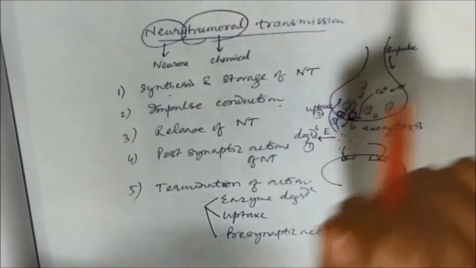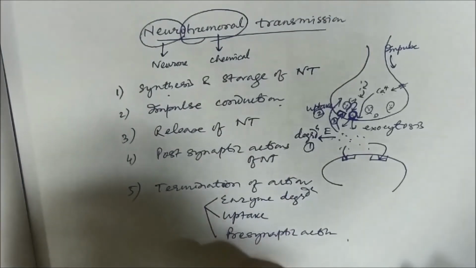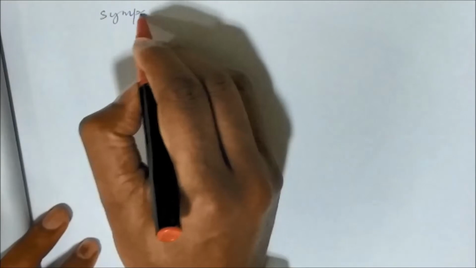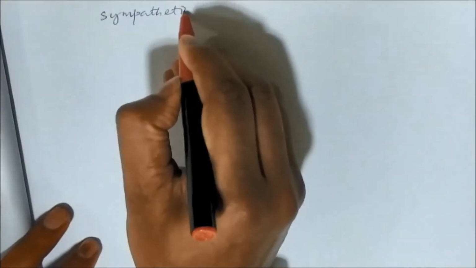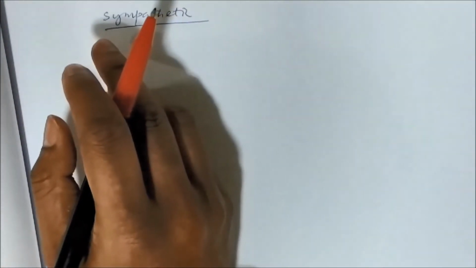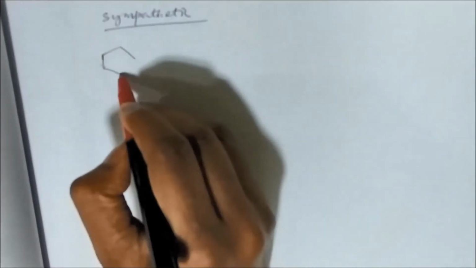Okay, so now we will discuss the sympathetic and parasympathetic nervous system. In sympathetic, the neurotransmitter is noradrenaline and adrenaline. They are synthesized from the amino acid called phenylalanine.